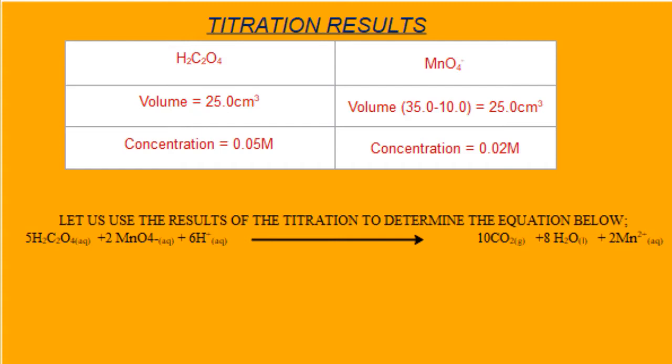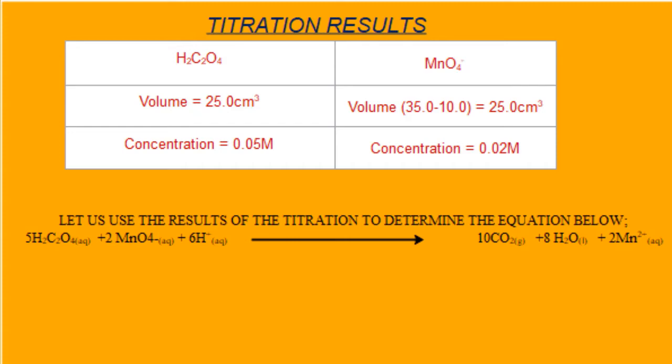The concentration of the oxalic acid solution that we used was 0.05 M, while that of manganate(VII) was 0.02 M. Our objective, remember, is to get the mole ratio between these two reacting substances, and this is studied in the stoichiometry of chemical equations.